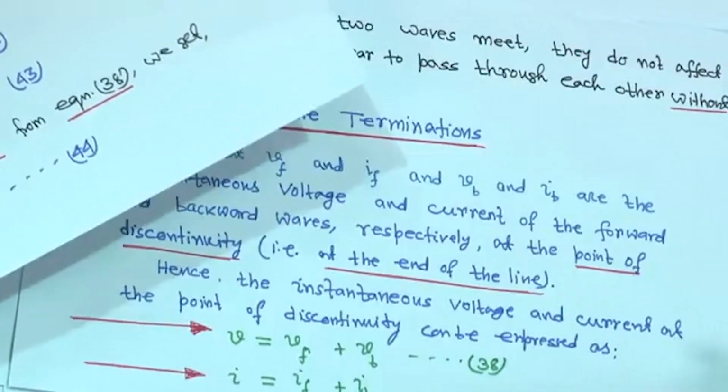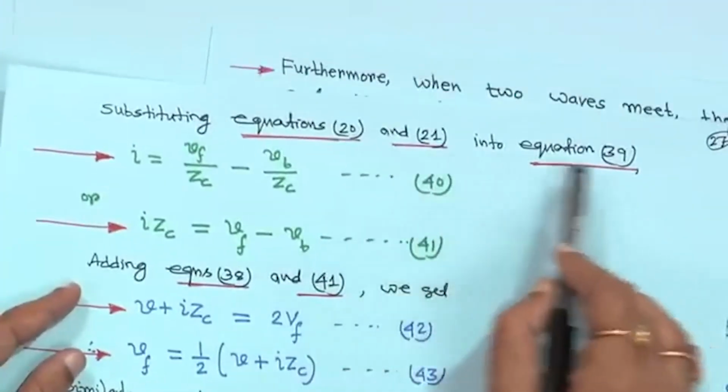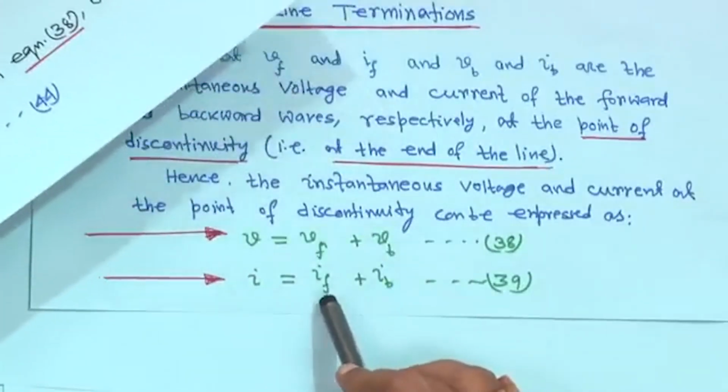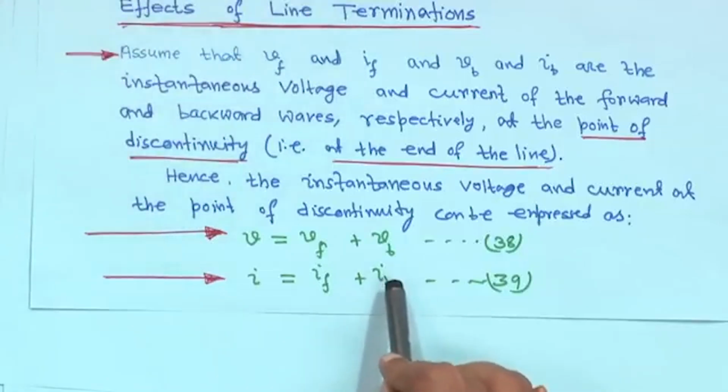Now, we know that from equations 20 and 21, If is equal to Vf by Zc and Ib is equal to minus Vb by Zc. You put these in equation 39, that is, If equal to Vf upon Zc from equation 20 and Ib equal to minus Vb by Zc.